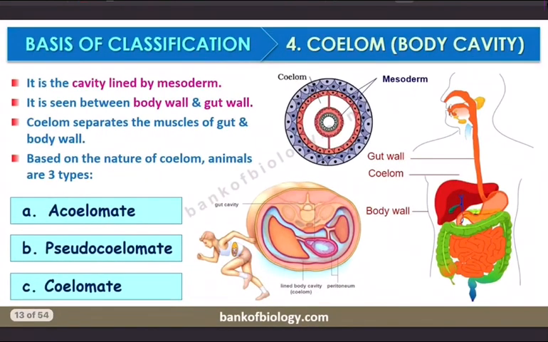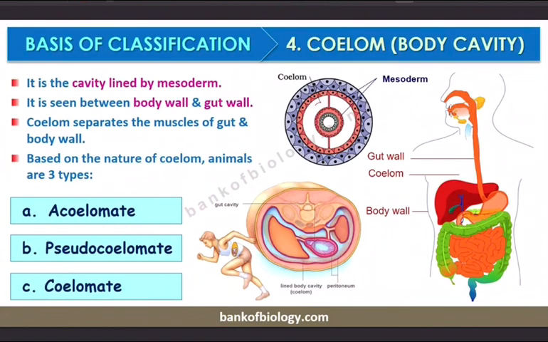Examples, Cnidaria and Ctenophora. Whereas in triploblastic, you have three layers, ectoderm, mesoderm and endoderm. You can see the presence of mesoderm here, so that makes the animal triploblastic, Platyhelminthes to Chordata. And next we go to body cavity, or coelom as we call it.